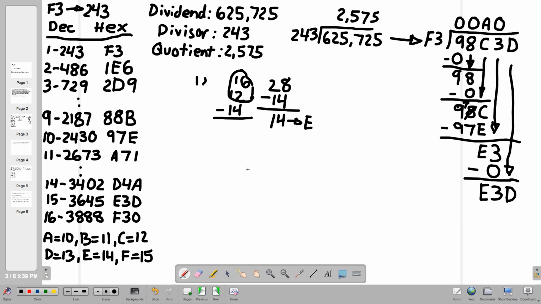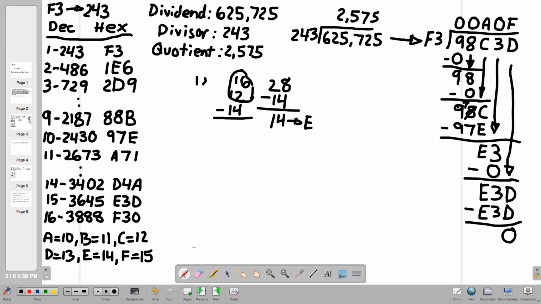So F3 goes into the value 15 times, but we have to represent the value with the letter F. So F3 times F is E3D. Then we subtract, and that leaves a value of 0. And so that ends the computation.